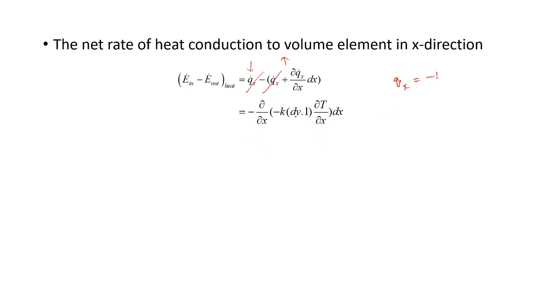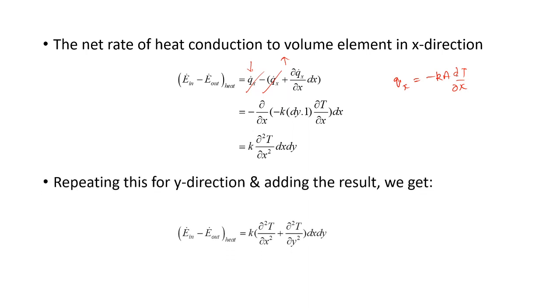We have minus k times del T over del x. This is Fourier's law of heat conduction. By rearranging this term, we have k times del square T by del x square, dx dy. Again, this is done in the x direction. We do the same analysis for the y direction and adding, we have this result.